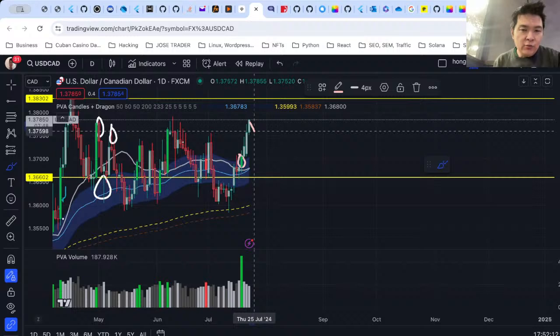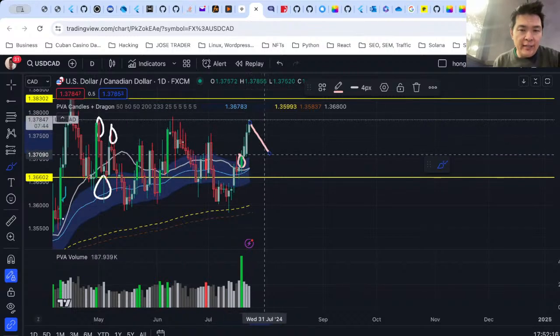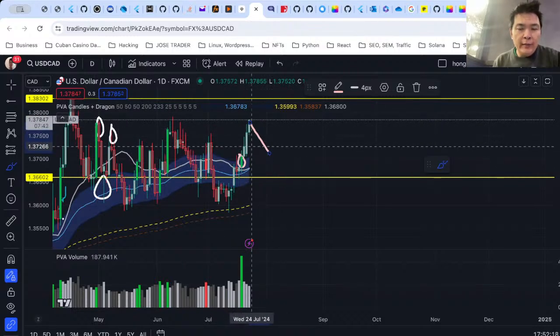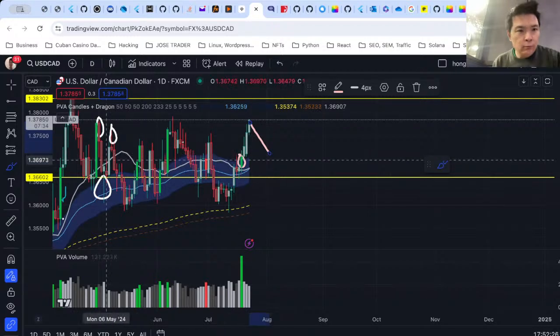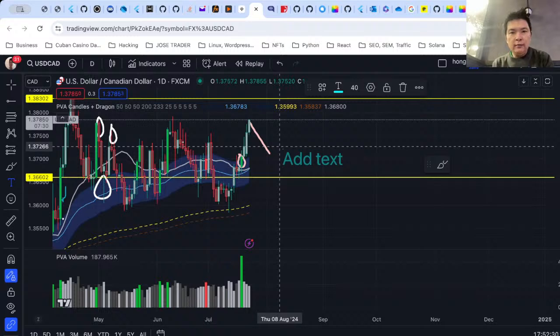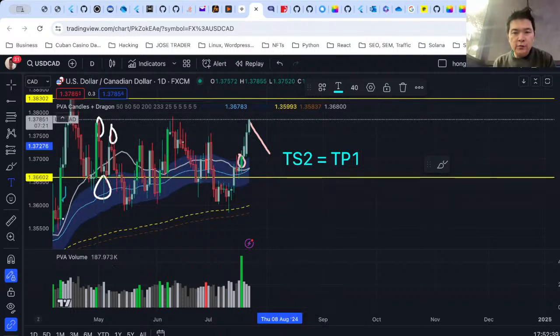Then you are going to exit with your trailing stop at your TP1, which means your trailing stop for the second position is going to be your TP1, your take profit 1. So the target for your first position.